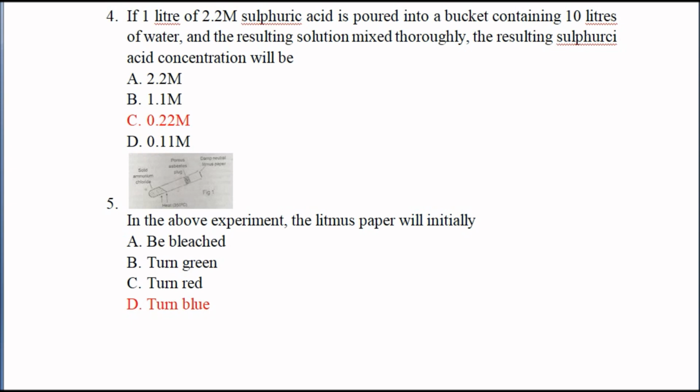If 1 liter of 2.2 M sulfuric acid is poured into a bucket containing 10 liters of water, and the resulting solution mixed thoroughly, the resulting sulfuric acid concentration will be.